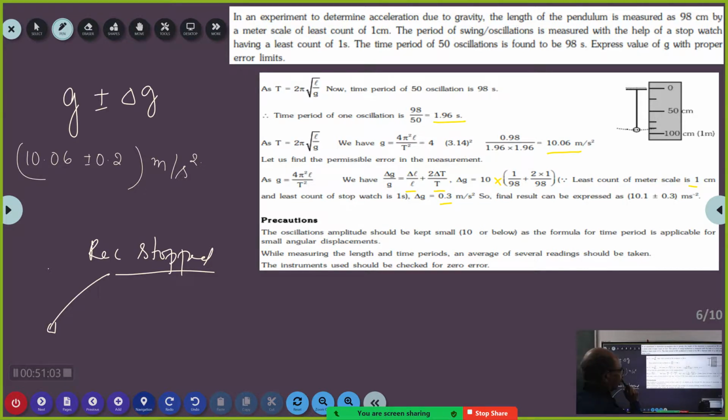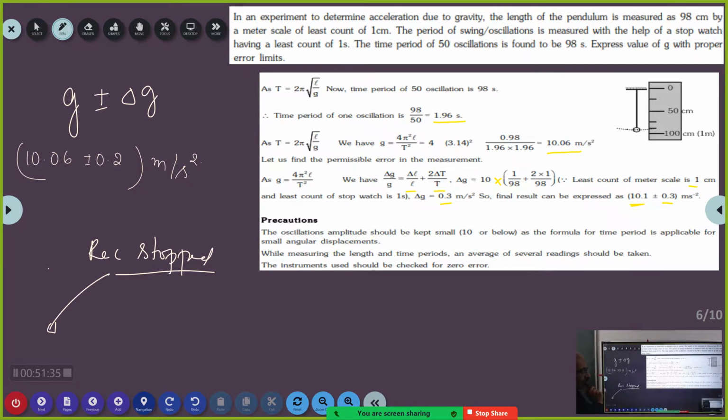Now the question is the final reporting. This is given to 3 significant digits, and this is given to 1 significant digit. Now, how will you justify this? Person's time period is in 3 significant digits.